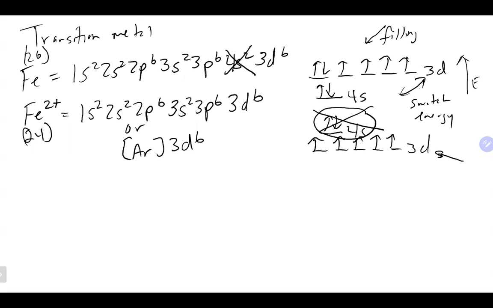Any questions on that? Yeah. I think I know your question, so I don't mean to cut you off, but you would actually do it with the 4s lower than the 3d still. That is how we do it in this class, and in pretty much every chemistry class that I've ever taken, except for one. When anybody writes electron configuration, they write it based on what is referred to as filling order.